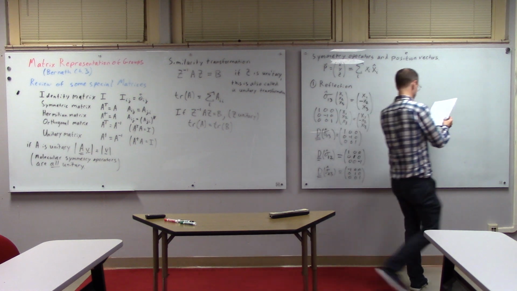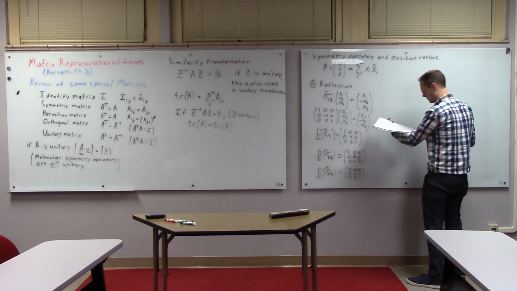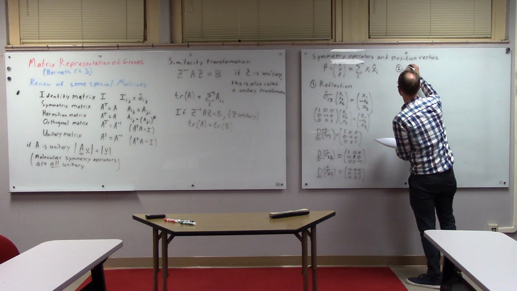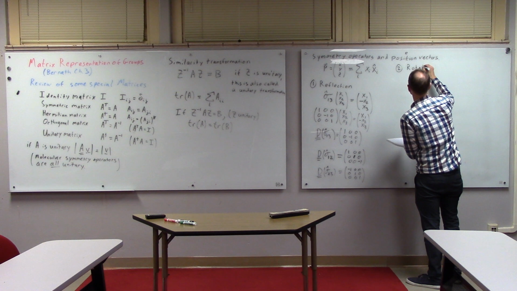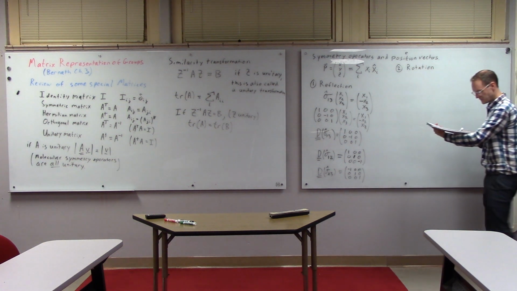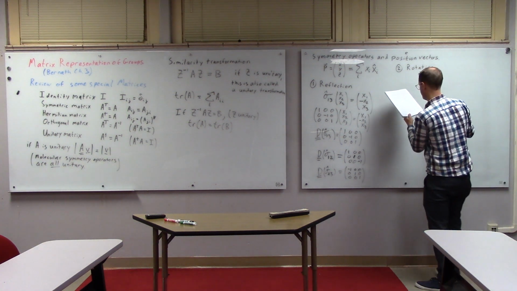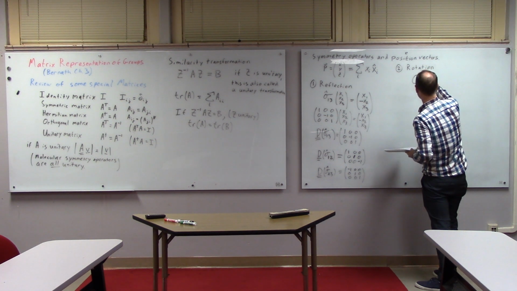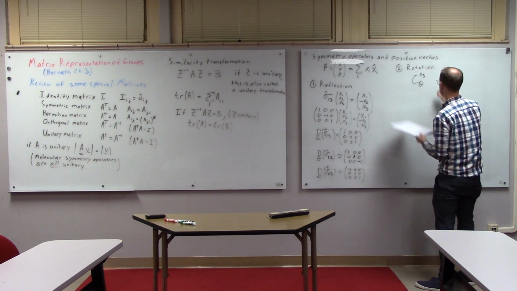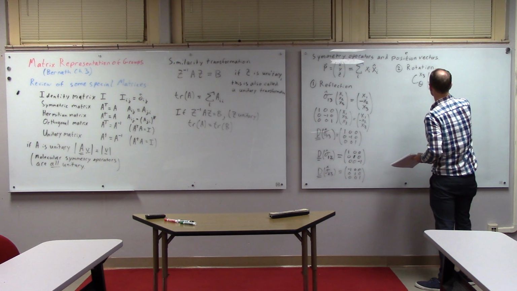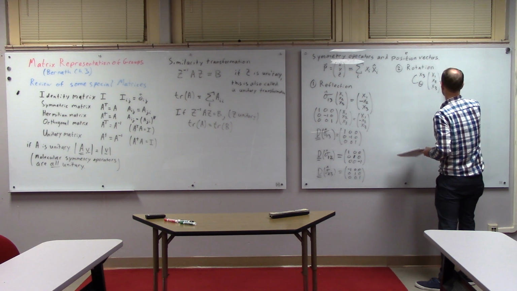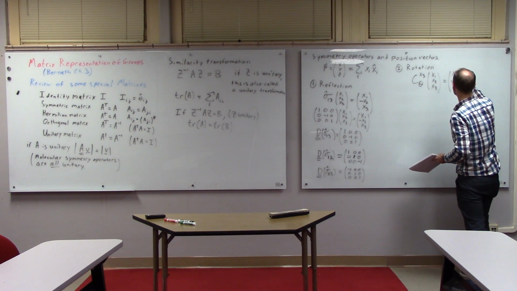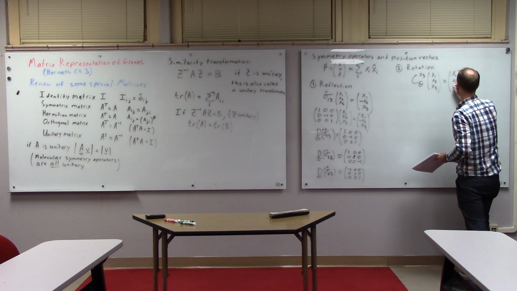Okay, how about rotation? If you rotate by an angle theta about the z-axis, x3, then that gives you some new vector, x1 prime, x2 prime, x3 prime.